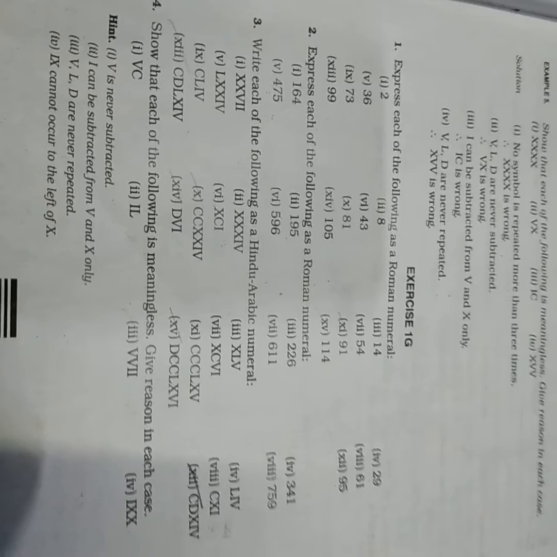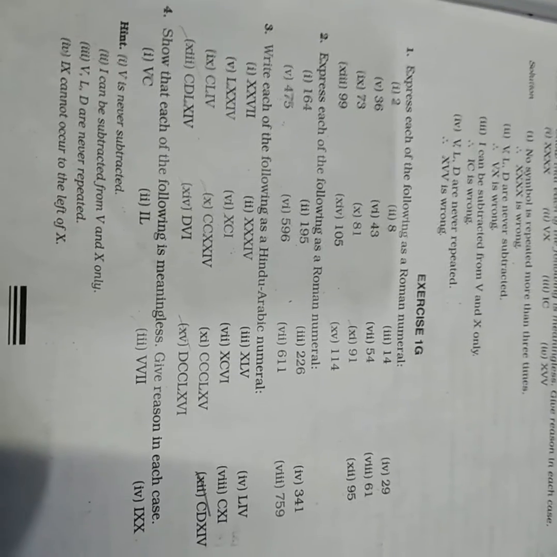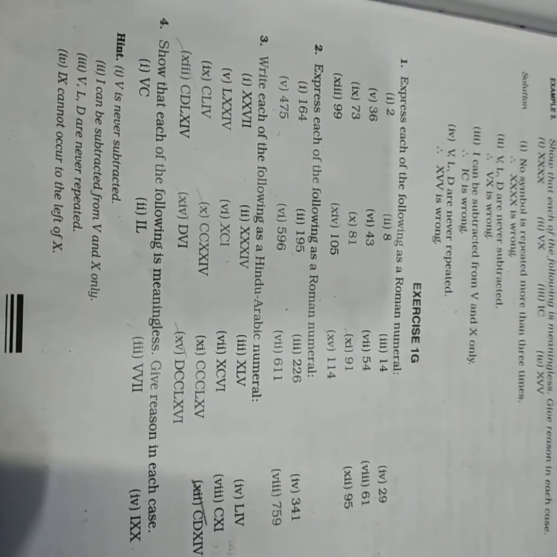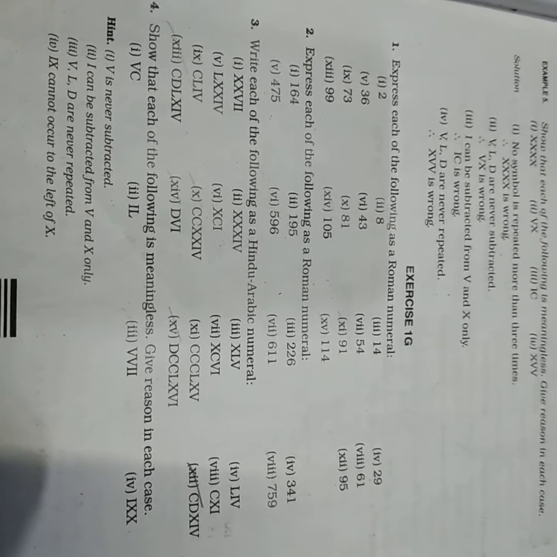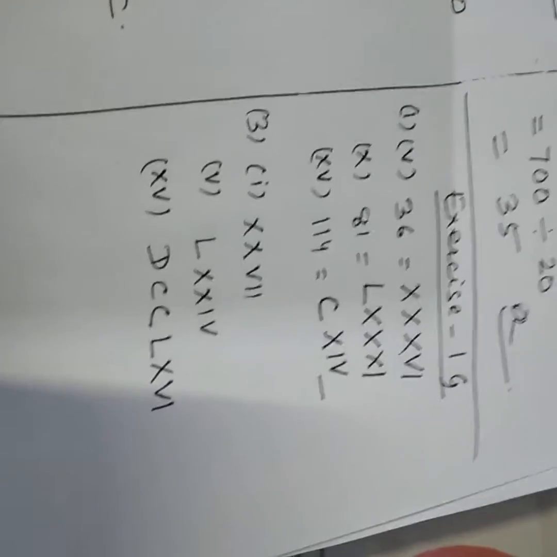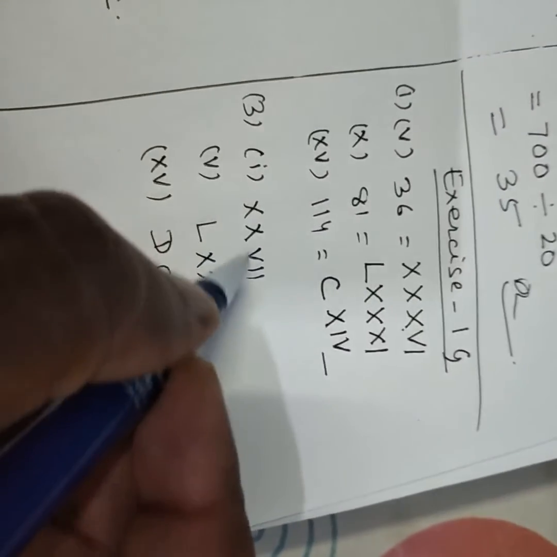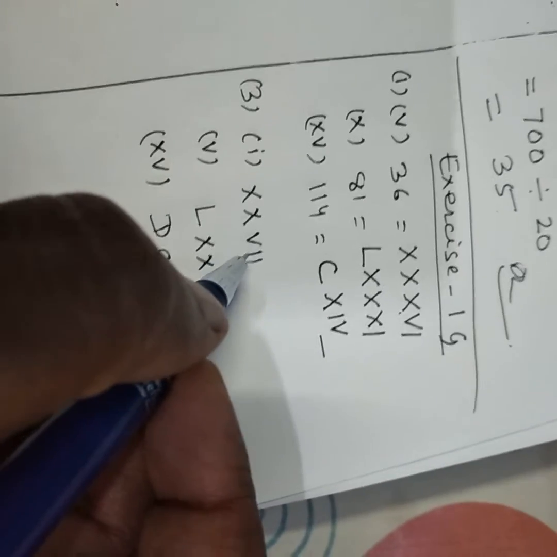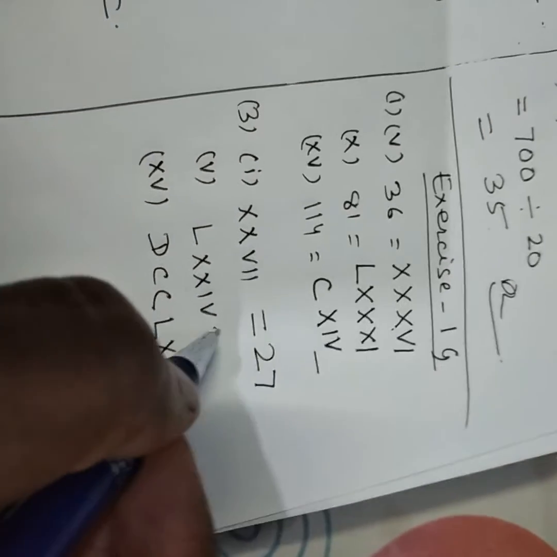Question number 2 is also the same. Now we are going to discuss question number 3. Here also I am going to do the 1st, 5th and 15th. The first one is 10, 20, 5, 6, 7. That's equal to 27.